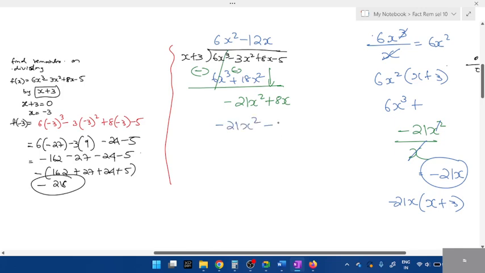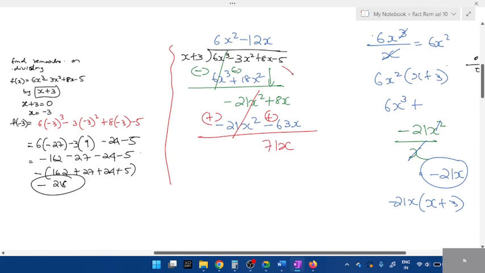When you open the bracket, you get minus 63x. Right? Now, how do you reduce this? Here it becomes plus and here it becomes plus. This gets cancelled. 8 plus 63 is 71x.